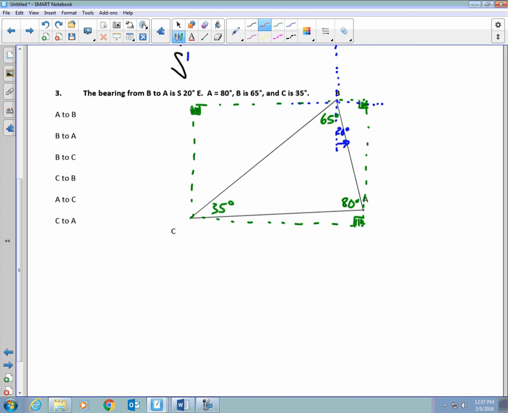What would that make the rest of the angle? 45 degrees. What would that make this angle right here? 45. This angle? 45.